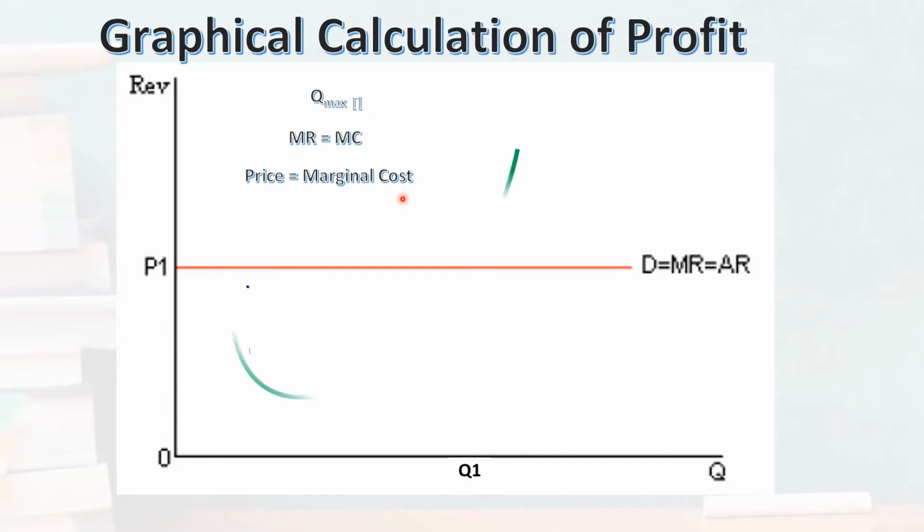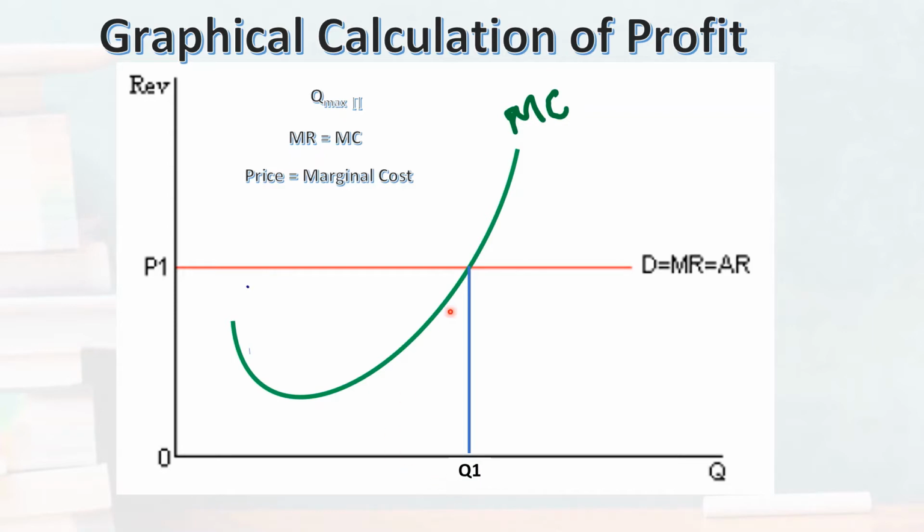So I am just adding here the marginal cost curve, and you can see that it is intersecting here at this point, and this point defines the level of output at which the firm can earn maximum profit. So what about the total revenue which the firm can earn by selling this output level Q1?